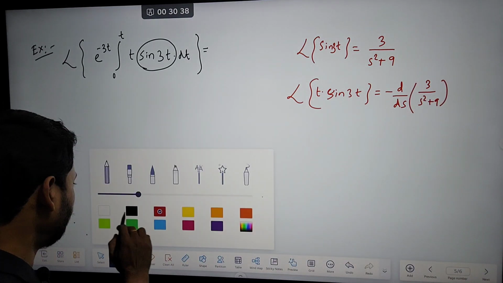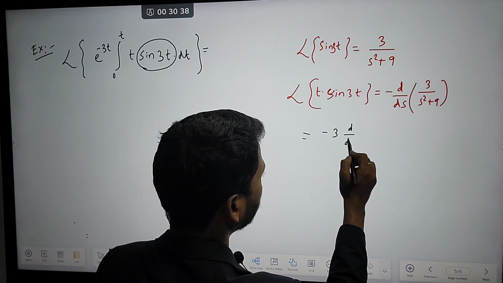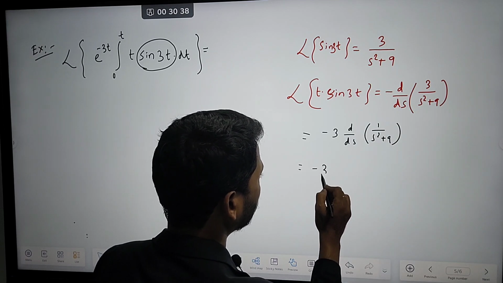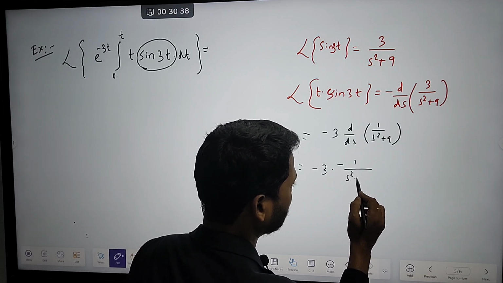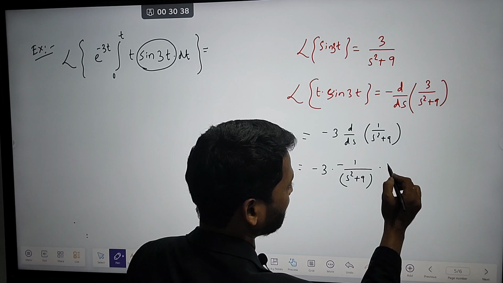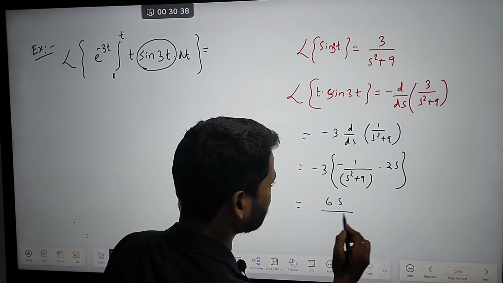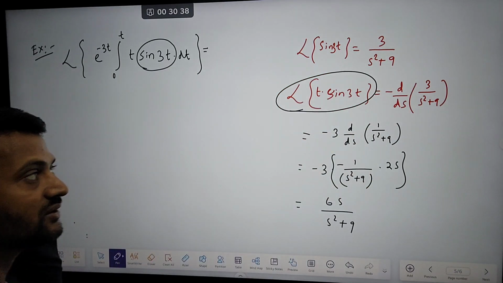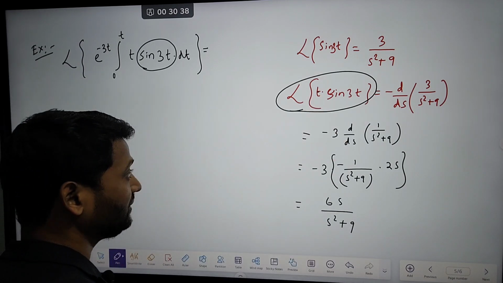So let us find this answer. So minus 3, meaning d by ds of 1 by s squared plus 9. So what will this become, minus 3 d by ds of this one is what, 1 minus of 1, this answer into the differentiation inside, what is it, differentiation of s squared is 2s, so your final answer is done. 3 into 2 is 6, so 6s by s squared plus 9 whole squared. This is the Laplace of this function, okay, Laplace of this function. Clear till here.